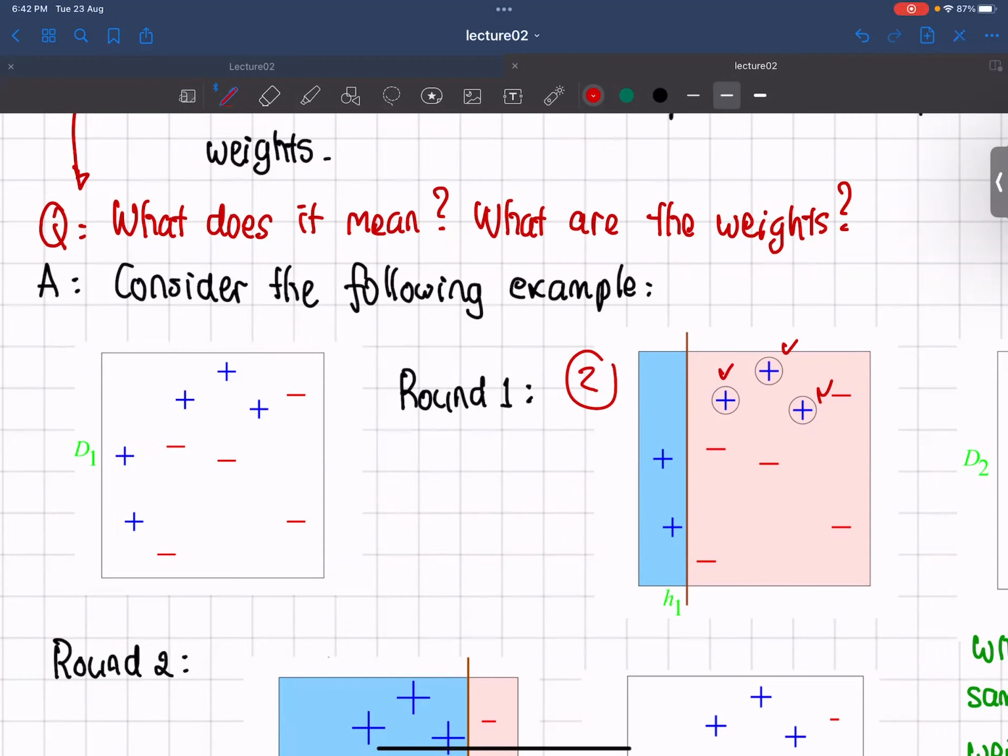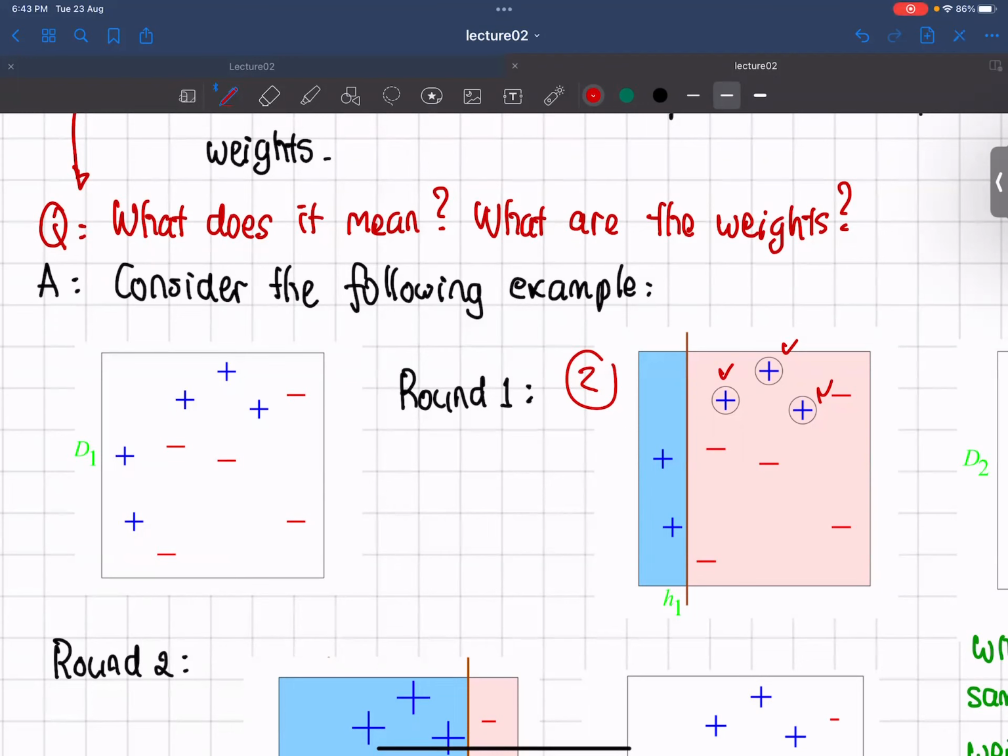For these wrongly classified samples, you have to increase the weight. So adaptive here means there is a weight for every single sample. In the beginning, the weights are all the same, uniform. But in the second stage, after you have the weak classifier, you put more weight on the wrongly classified samples. That is called adaptive.